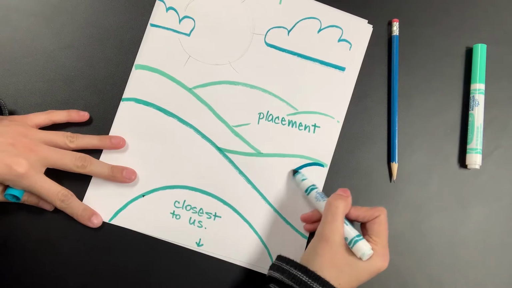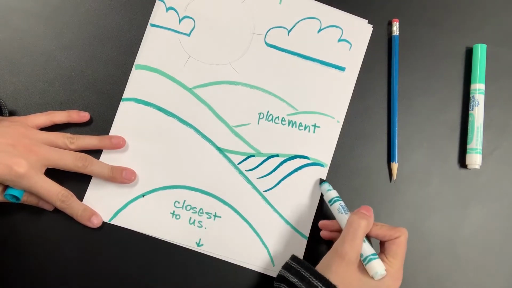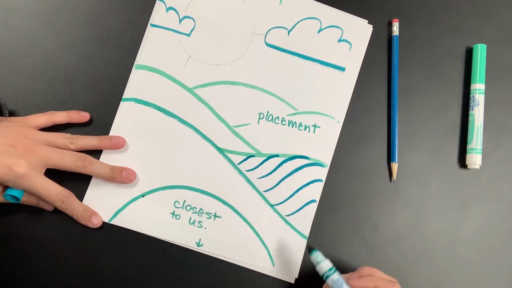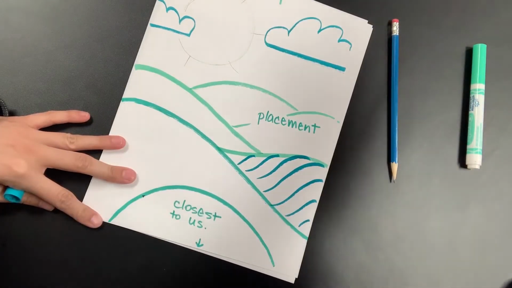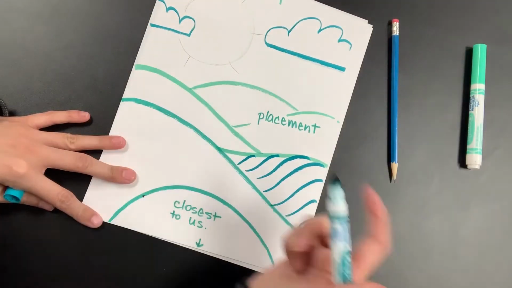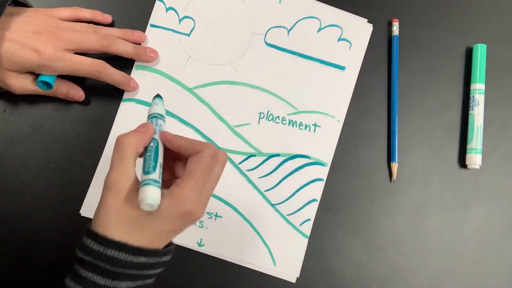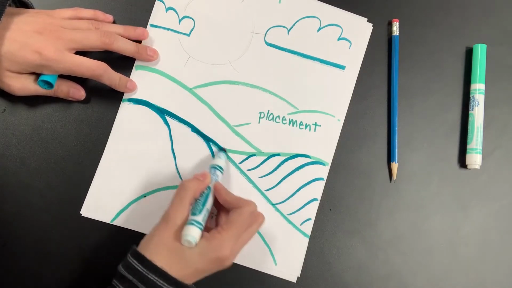So I want this one to almost feel like it's far away, and I'm putting the lines about an equal distance apart. I want it to feel as though the hill comes, it's high and then it goes down, almost like a good sledding hill. Now this one, I'm going to make the lines a little bit farther apart from each other because it's closer.